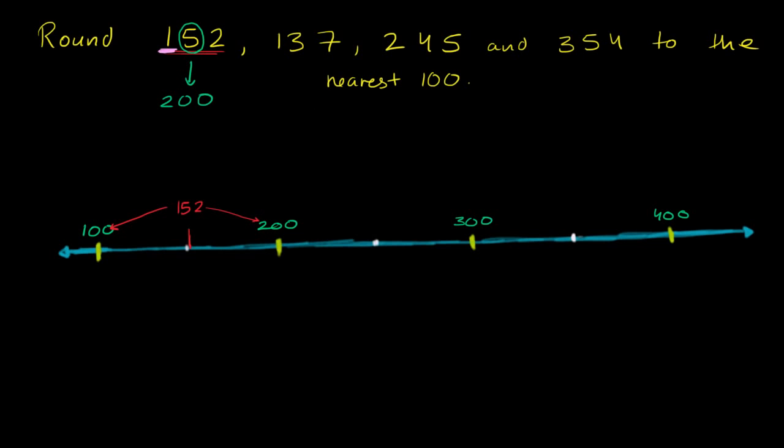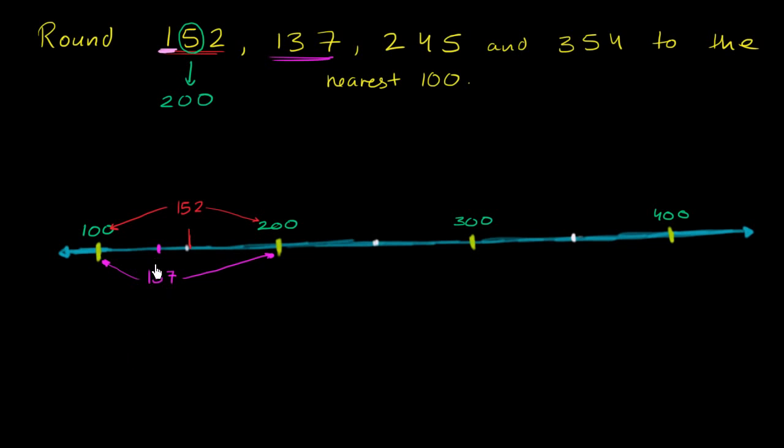Now let's think about 137. I encourage you to pause the video and try to round each of these other three numbers to the nearest 100. 137 is going to sit right over here. So two options: we can round down to 100, the multiple of 100 below 137, or we could round up to 200.